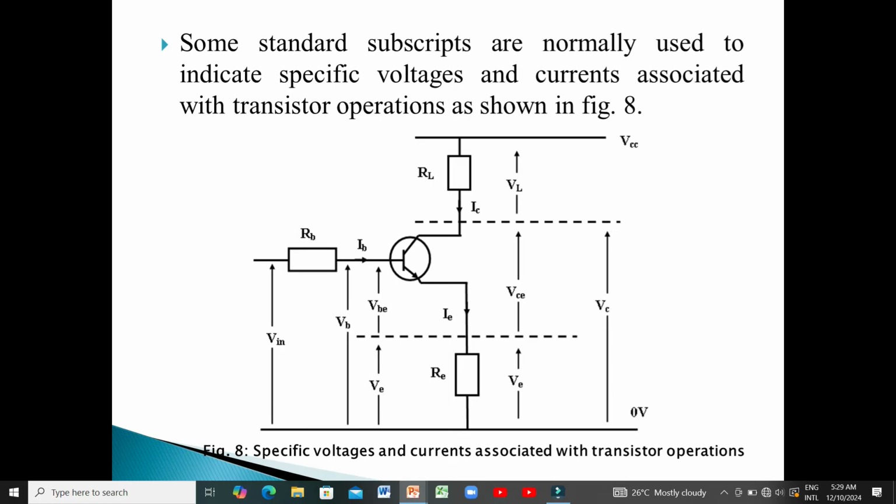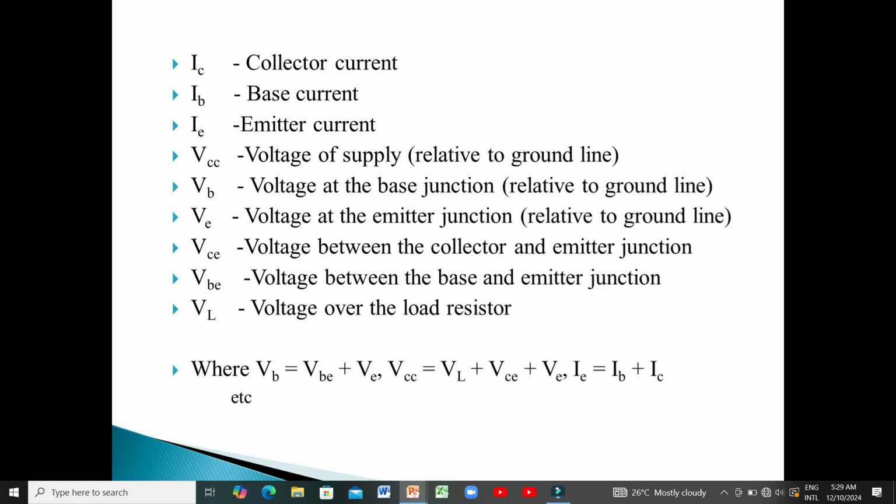Normally, when you are working with transistors, you will be hearing Vin, Vb, Ib, Vbe, Ve, IE, VCE, VE, VL, IC, VC, and VCC. It is very important for you to note, anytime you see any of these terms, where in the circuit is being referred to. So the meaning of all those are stated here and the possible combinations.